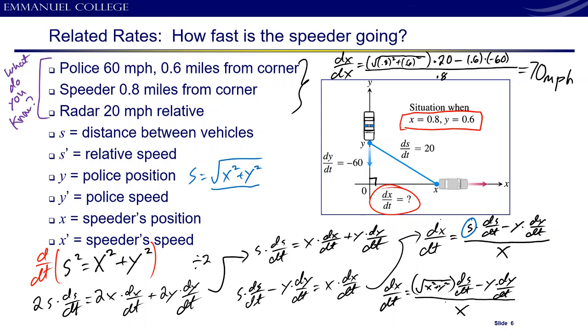The speeder was 0.8 miles from the corner, and we had a 20 mile per hour relative speed for the radar. I should have identified this first: what am I looking for? In this case, what I was looking for was how fast the speeder is going.